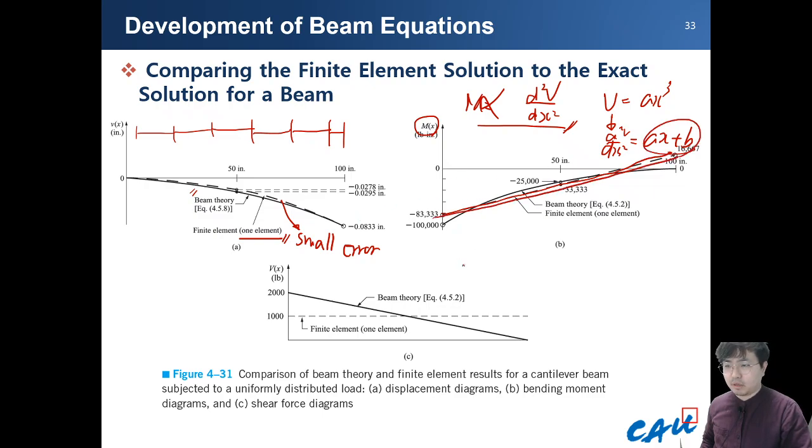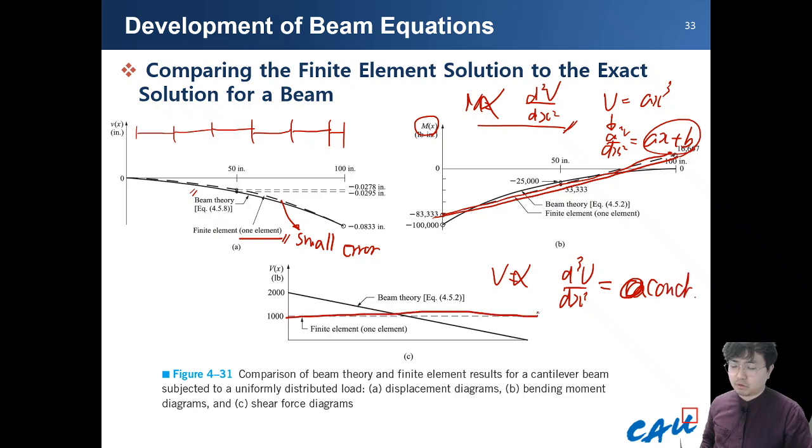And then finally, the vertical force is proportional to the third derivative of the vertical displacement, so we can easily expect this becomes a constant value, so the shear force equal to a constant value, and there is a big error at each nodal point. So if you want to reduce this kind of error, you should use more discretized elements.